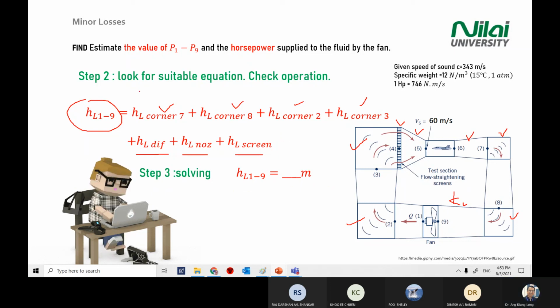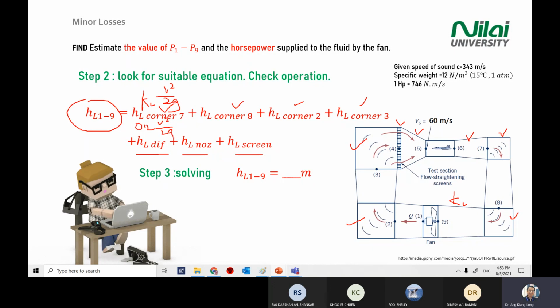Okay, so you know how to calculate already, yeah? It means you add all the KL together. For example, for the corner, what is the formula for HL? HL equal to KL V square over 2G. So for the first one, the corner, we know that the corner is 0.2. So 0.2 times velocity squared over 2G.